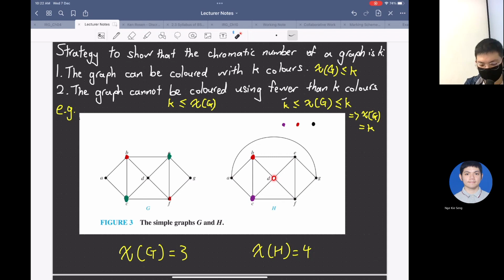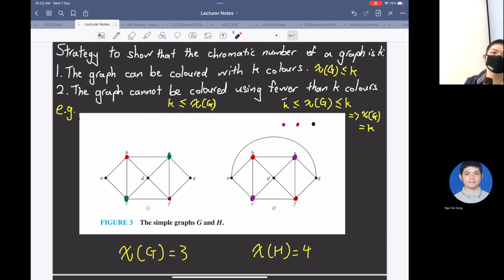And then here you can put black again, here purple again, and here red again. But there's only one way to color this last vertex, which is black, because you don't want the same color as E and F. But G then has the same color as A. So fewer colors doesn't work.